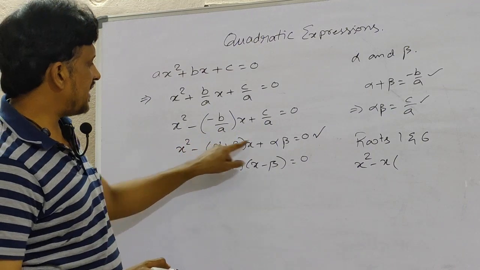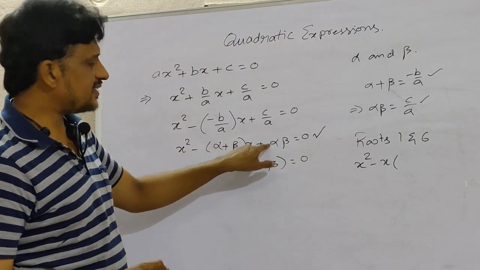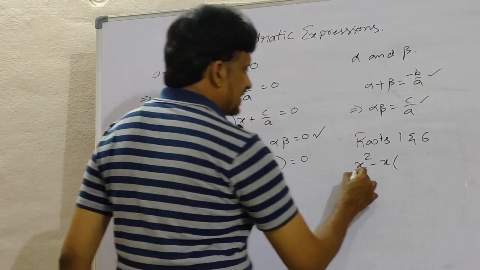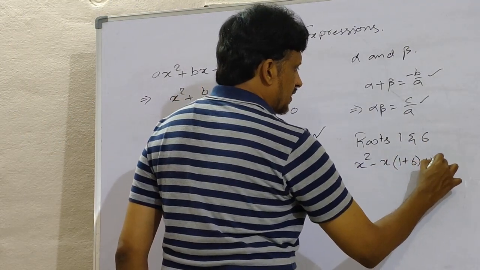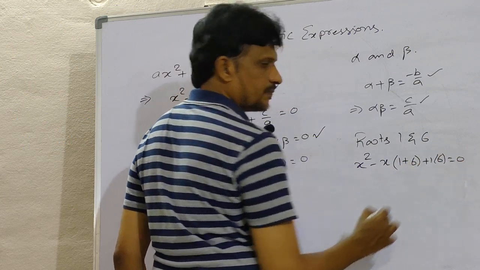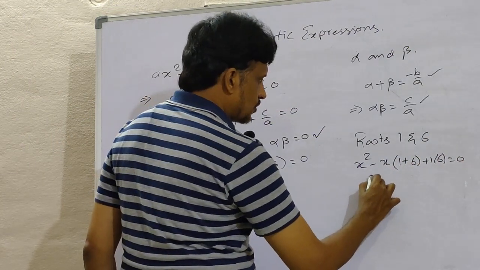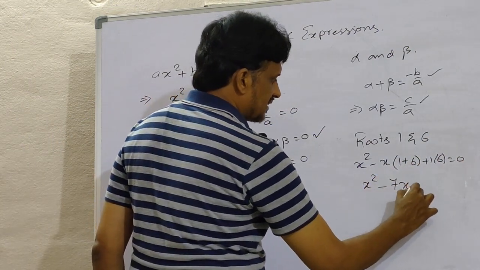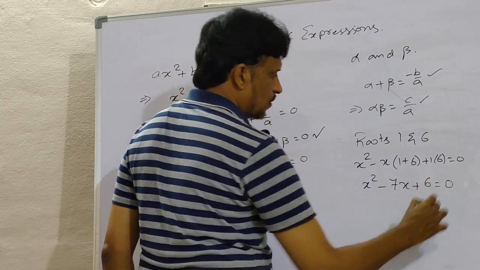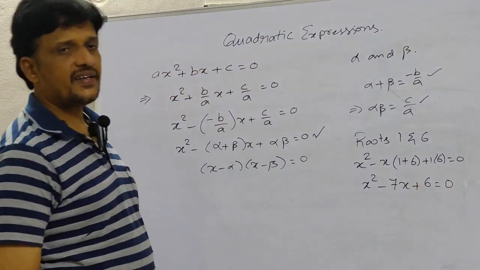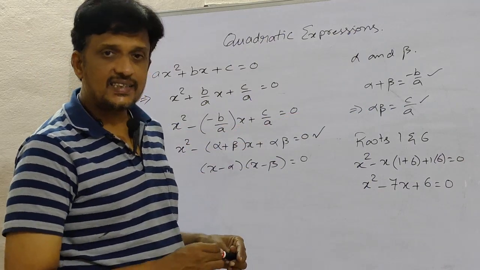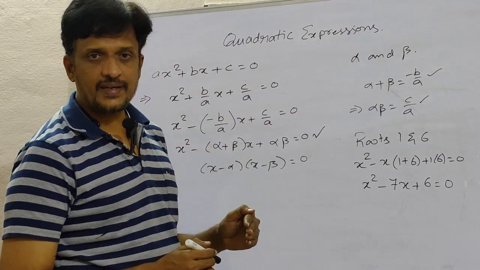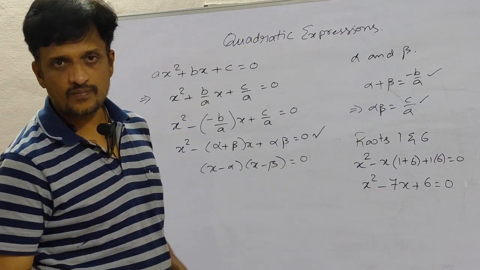So that is x square minus x into the sum of the roots, that is 1 plus 6, plus the product of the roots, 1 into 6, that is 6. That means x square minus 7x plus 6 is equal to 0 is the quadratic equation whose roots are 1 and 6.